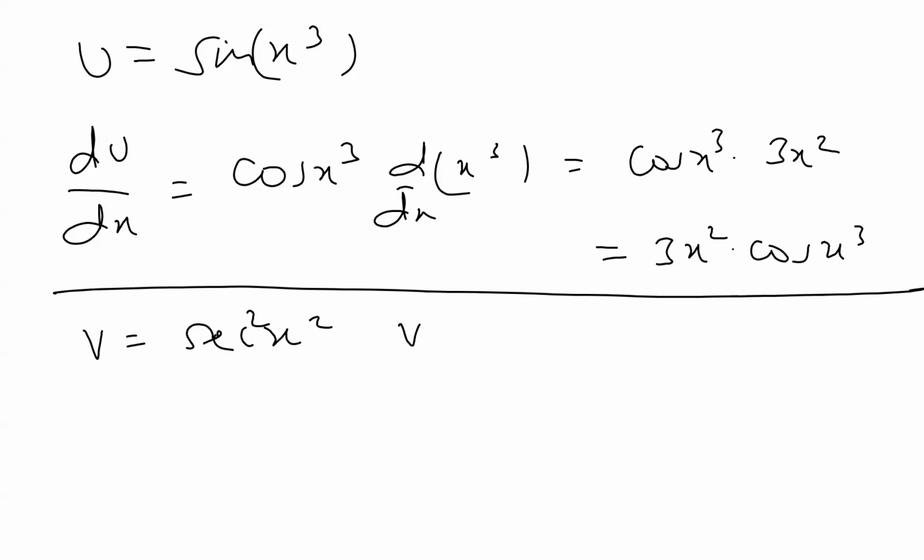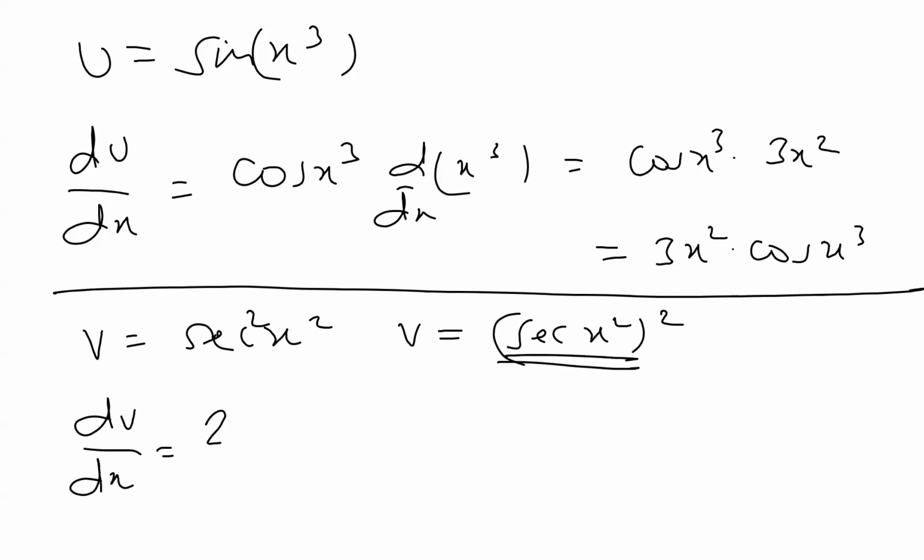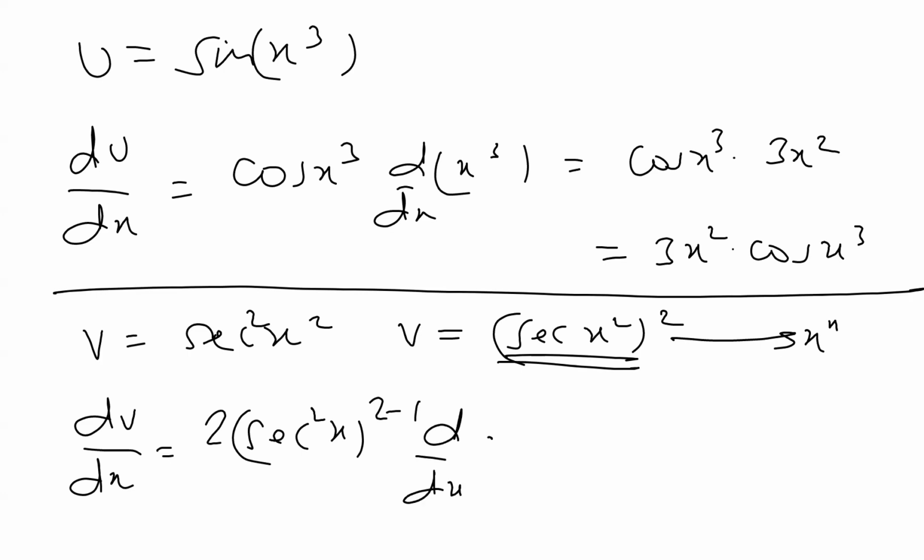V is sec square x square. So V is equal to sec x square the whole square. Okay, trigonometric function with a power, power goes outside. Now this is first x raised to n. So 2 into sec square x raised to 2 minus 1. Okay, so if I compare this with x raised to n, who is x? X is sec x square. So d by dx of sec x square.